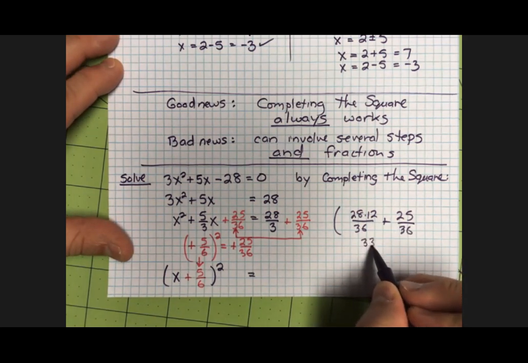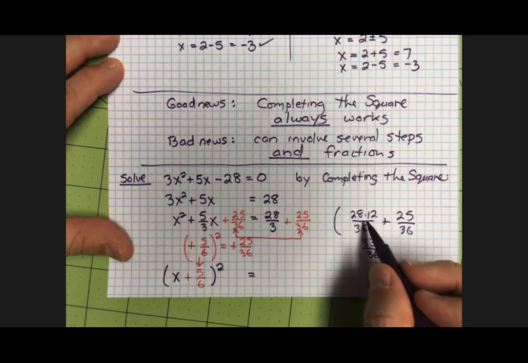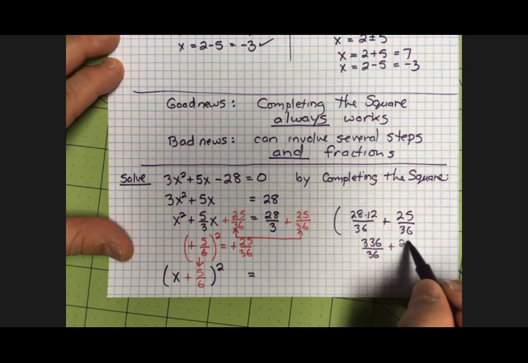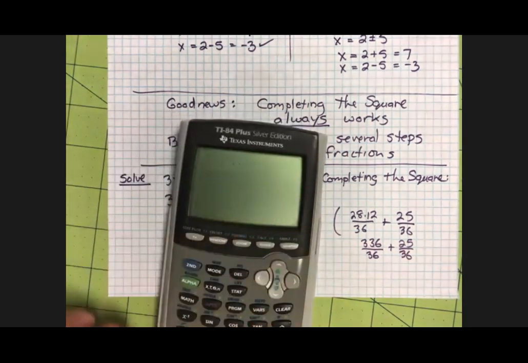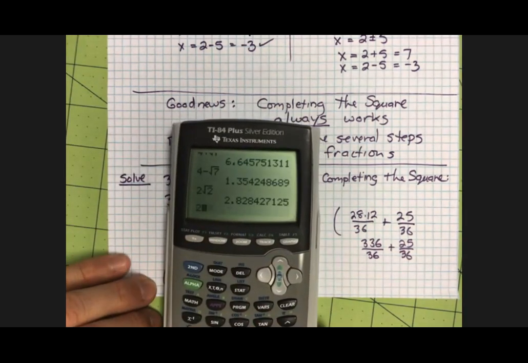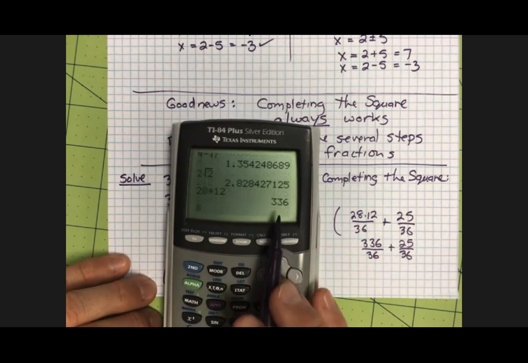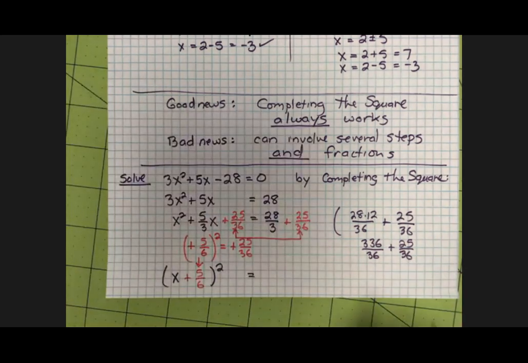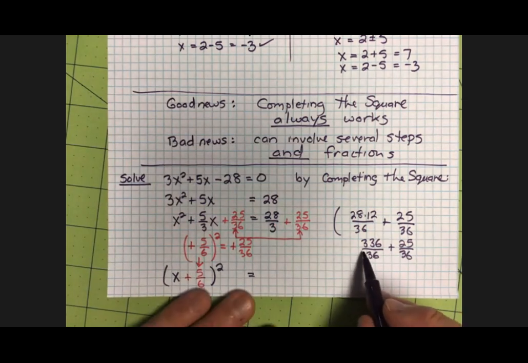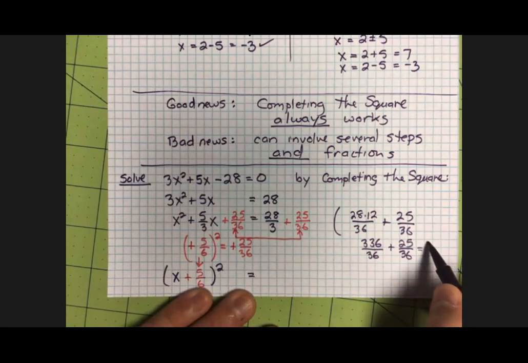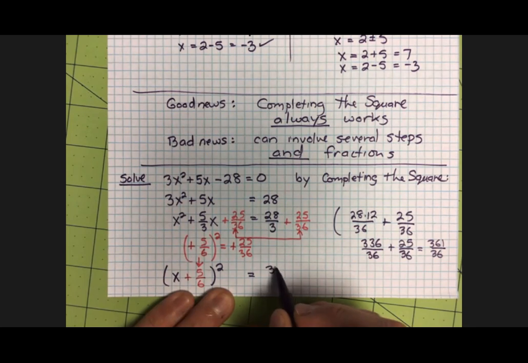Is that 336? I think so, but I better double check that on my calculator so I don't screw up. 28 times 12 is 336. Okay. Let's add 25. I'm going to make this 361. And that's the number that goes right there: 361 over 36.